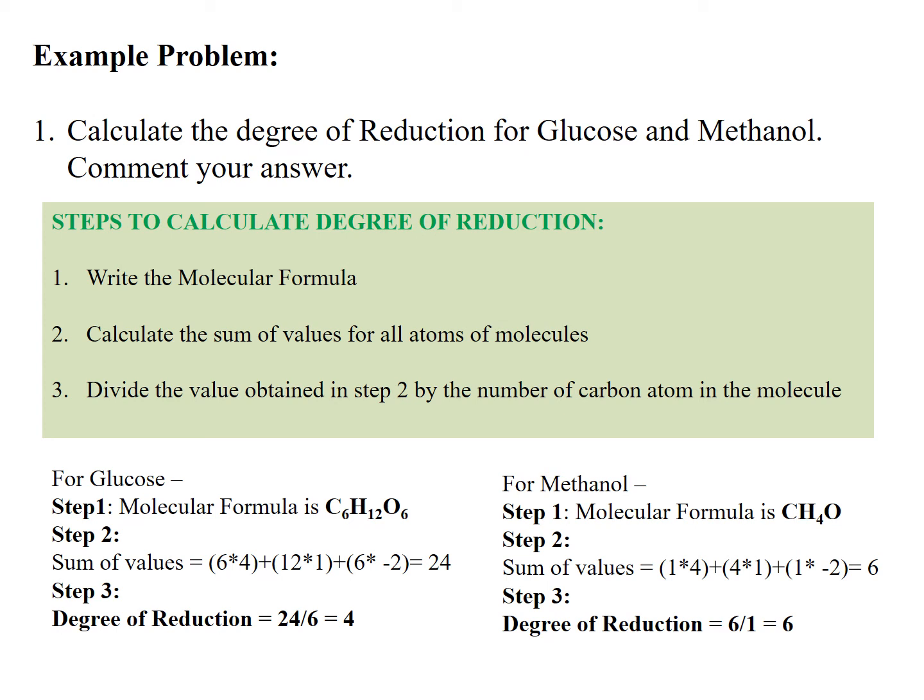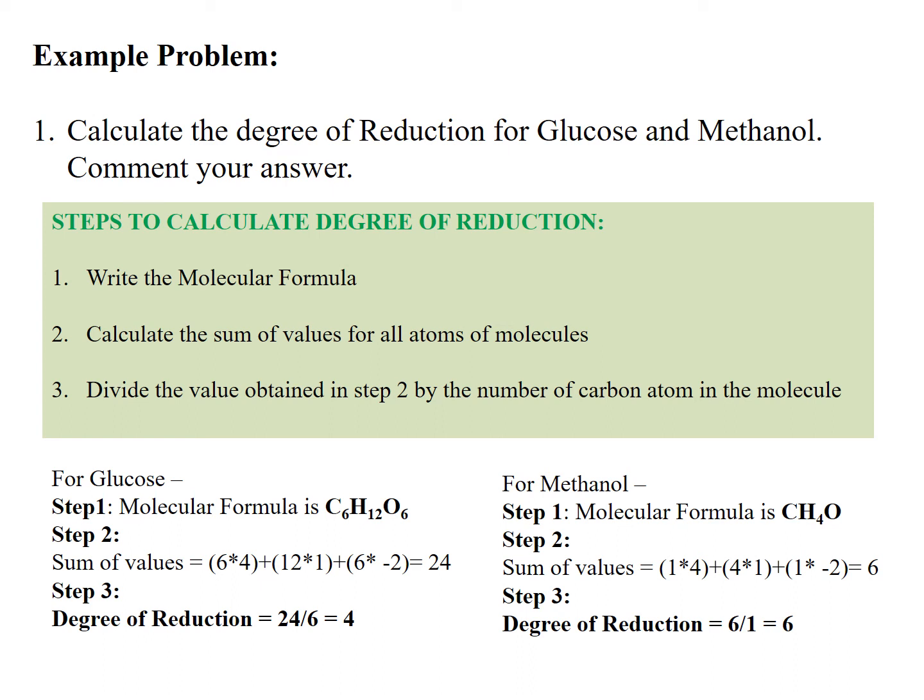Then we add the hydrogen: it is given as 12 and the valency of hydrogen is 1, so we multiply 12 by 1. Then we add the oxygen: here it is 6 and the valency is minus 2. We add the values for carbon, hydrogen and oxygen, so the value will be 24.